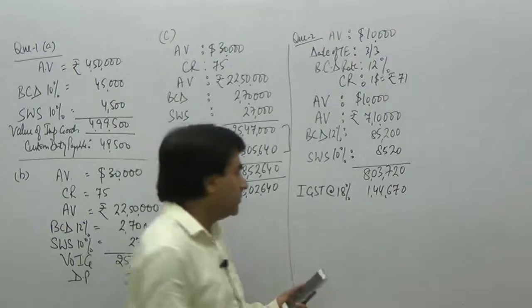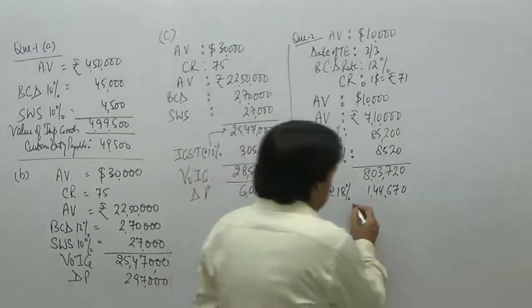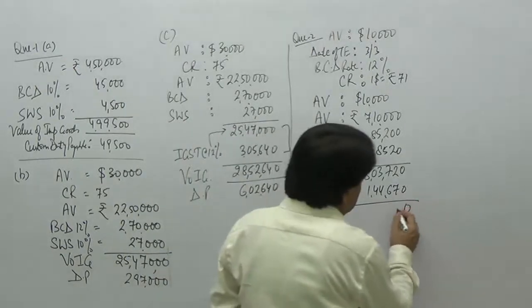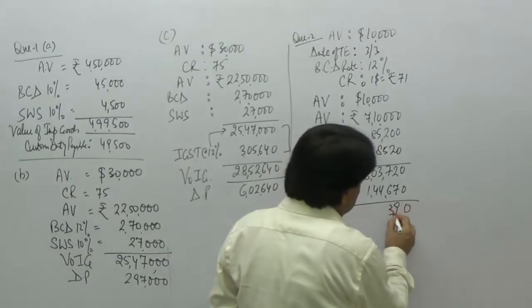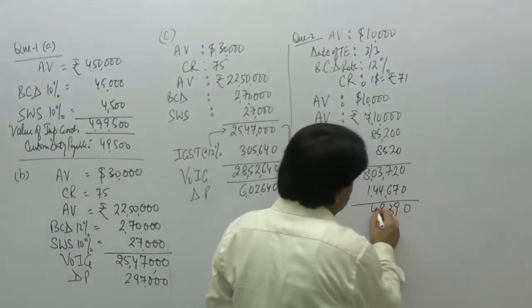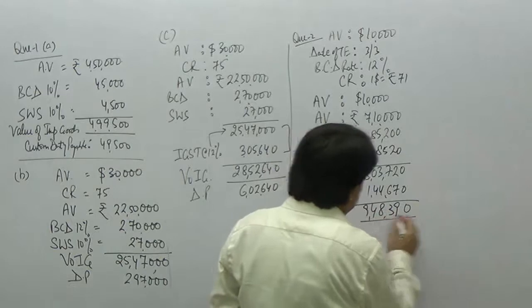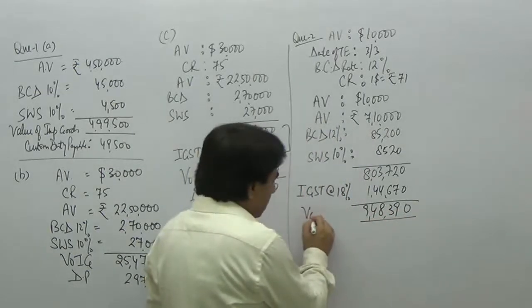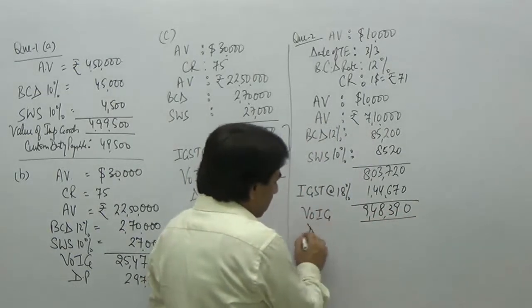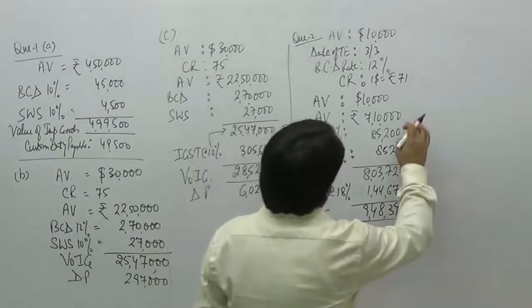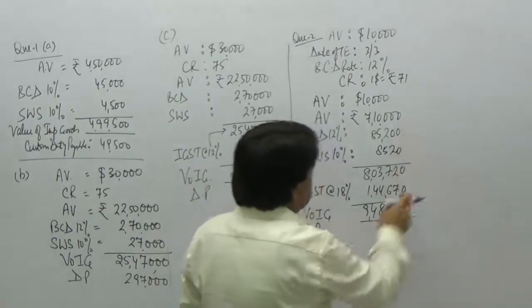Okay. Now make a total of this. 948,390. This is the value of imported goods, and the amount of duty payable would be this plus this.